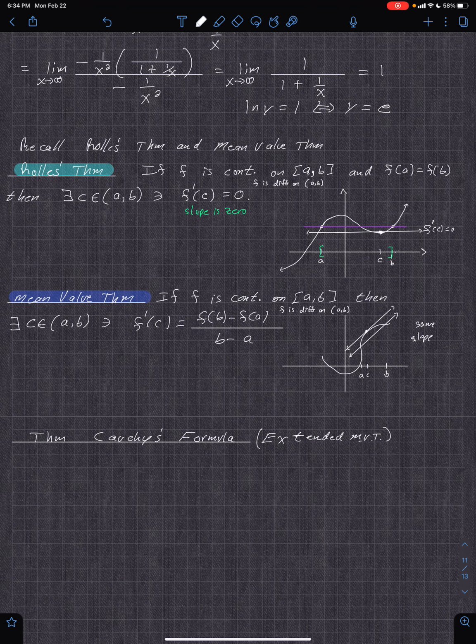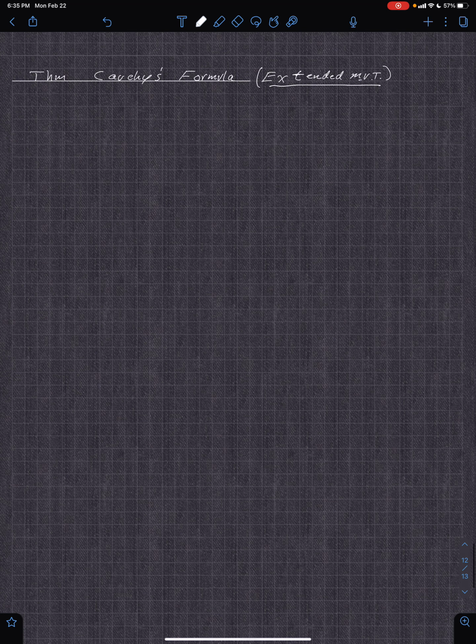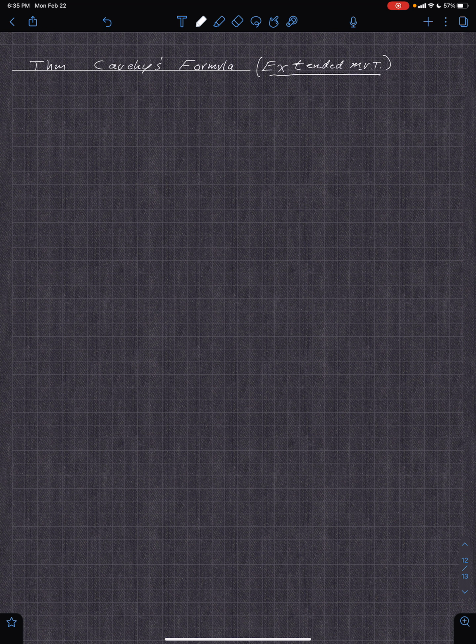So we're going to use Cauchy's formula to prove L'Hopital's rule, or to help prove L'Hopital's rule. So let's take a look at this, and we will go through the proof. So here we are.